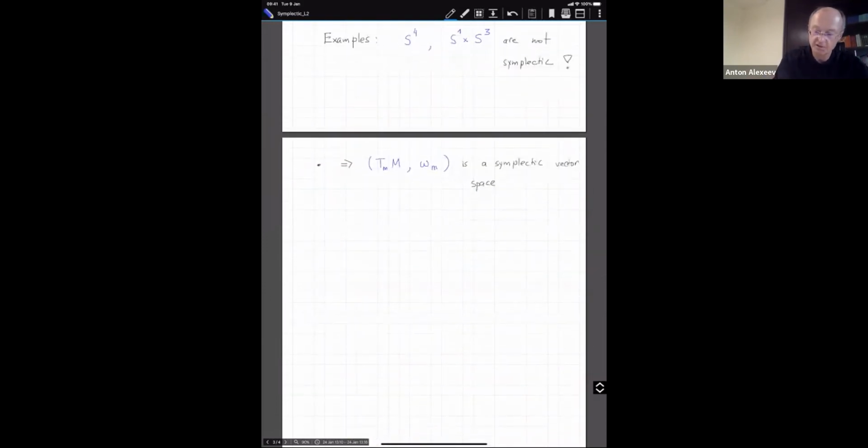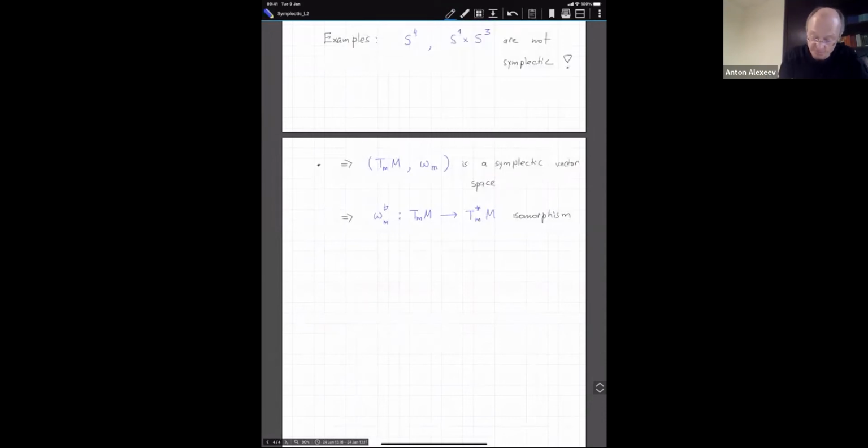So here there are further observations. Remember we had this musical map omega flat, so we can take it at each point, and following our linear algebra discussions, it induces an isomorphism at each point from the tangent space to the cotangent space.